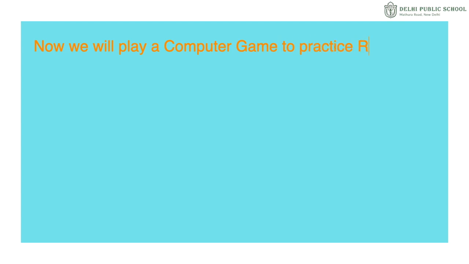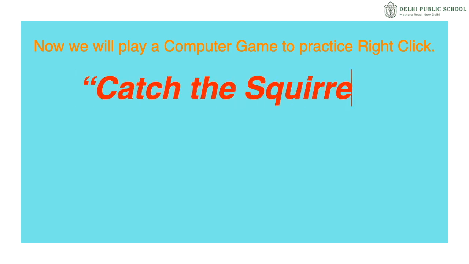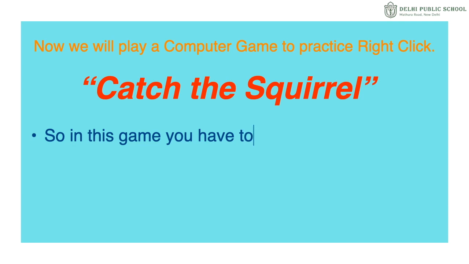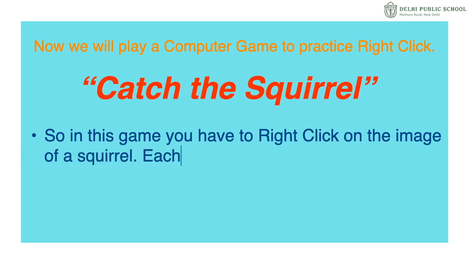Now we will play a computer game to practice right click, and the name of today's game is Catch the Squirrel. So in this game you have to right click on the image of a squirrel.